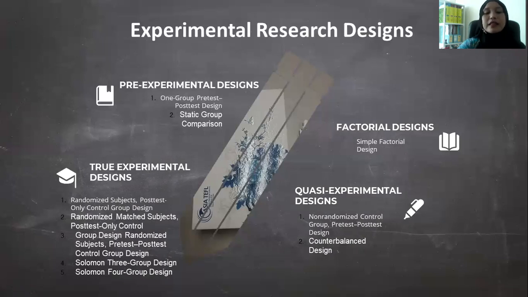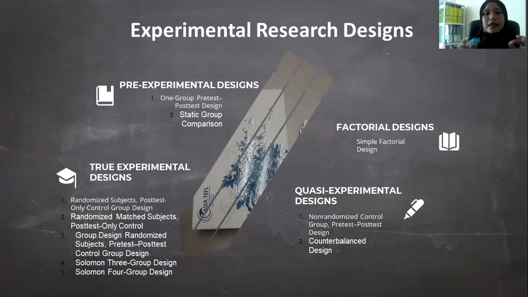If you see in the slides, there is a comparison, a difference between true experimental designs and quasi-experimental design. In quasi-experimental design it is non-randomized, but in the true experimental design, it is randomized. So the control subjects are random, but in the quasi-experimental design, the control group is not randomized.